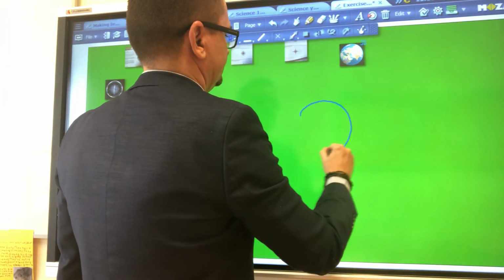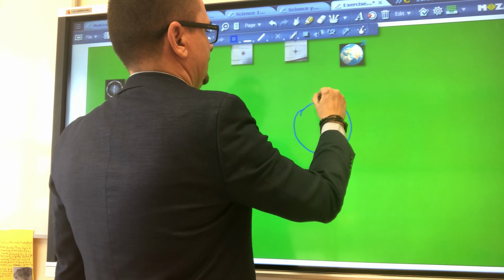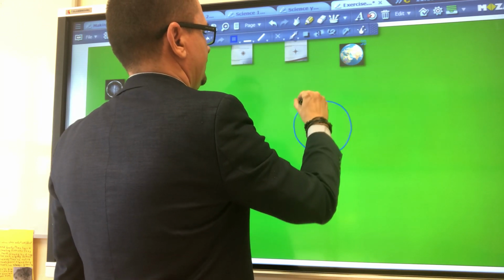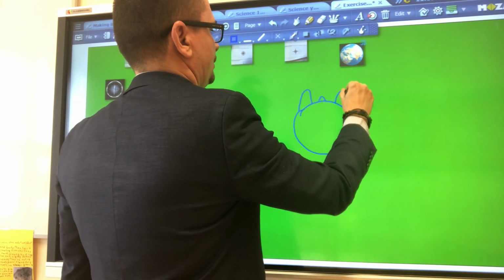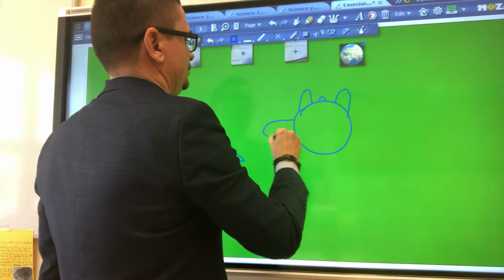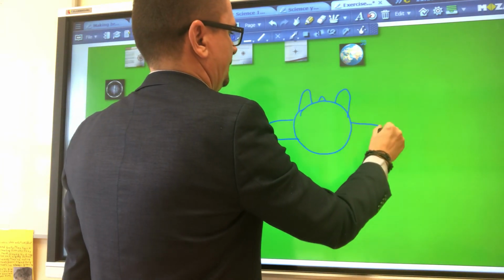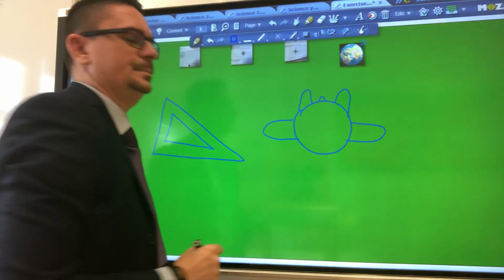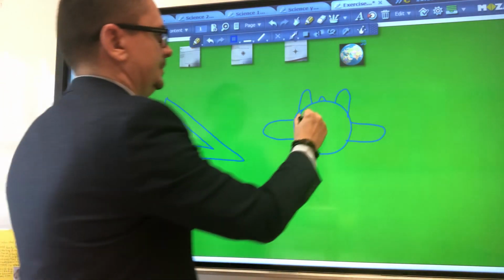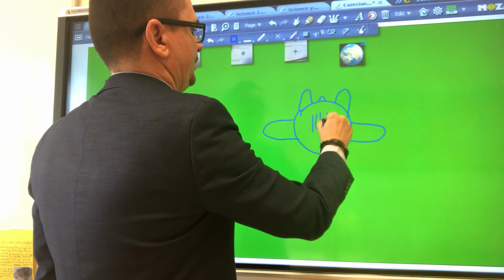But what about this one? Look. It's round. It has a tiny something here. And two more things here. And two more things here. So what can this be? I can even put here some things like this.